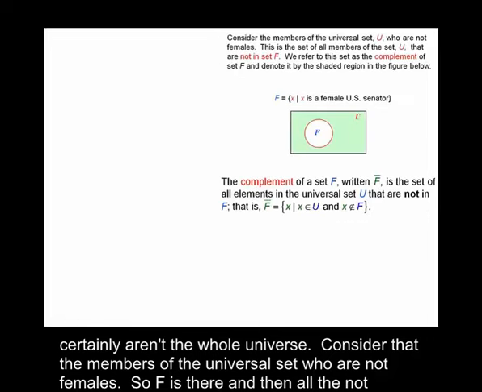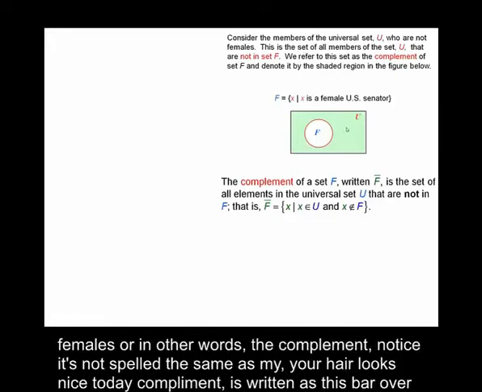And consider the members of the universal set who are not females, so F is there, and then all the not females, or in other words, the complement. Notice it's not spelled the same as my "your hair looks nice today" compliment.